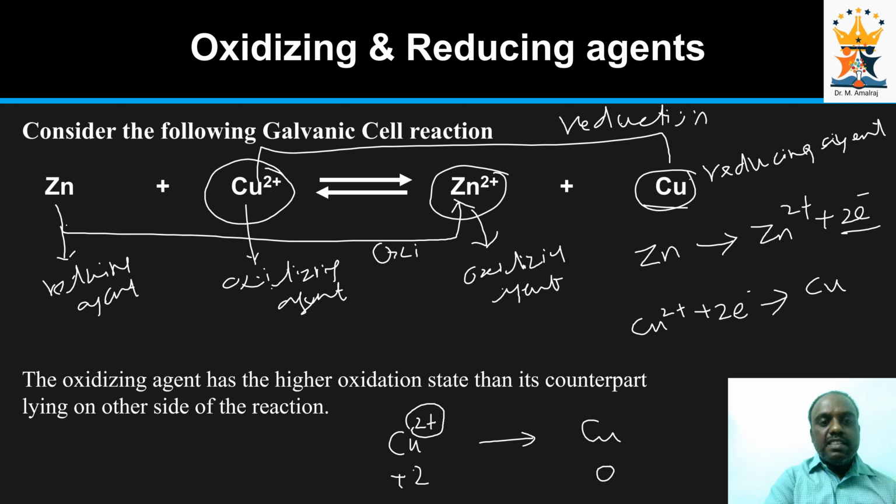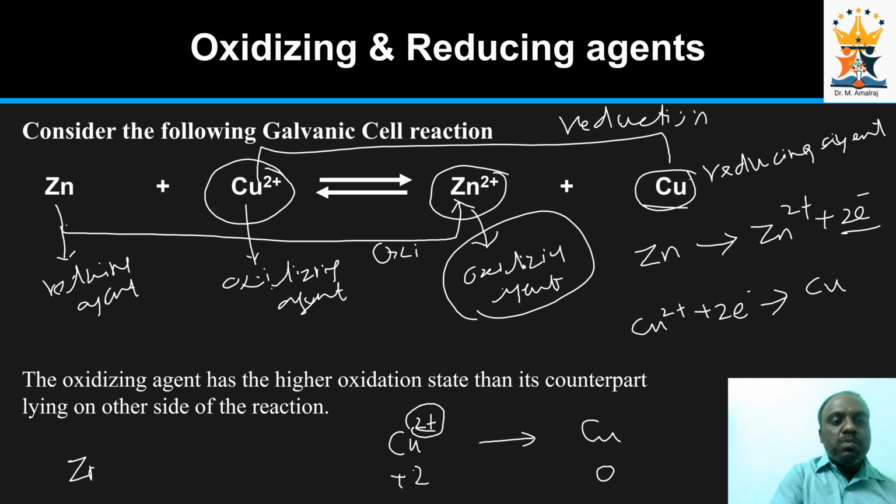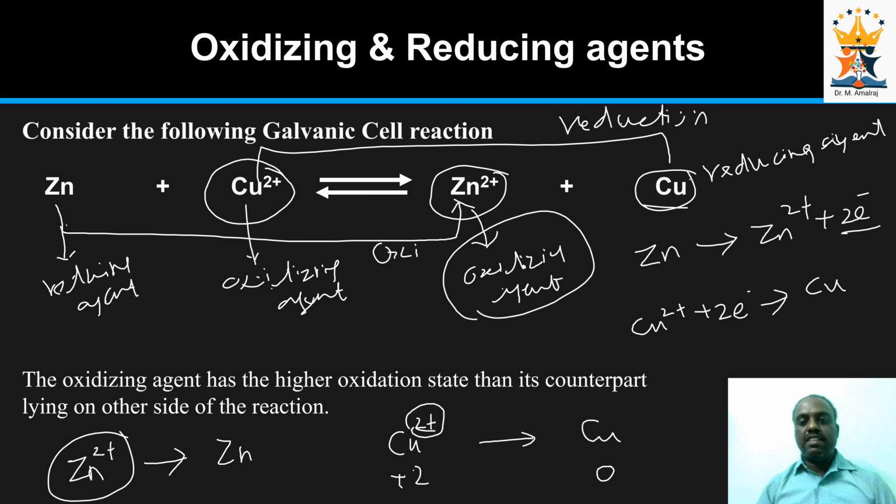So the oxidizing agent has the higher oxidation state than its counterpart. If you look at the reverse reaction, the oxidizing agent is zinc 2 plus. Zinc 2 plus has a higher oxidation state than zinc, and hence in the reverse reaction this is the oxidizing agent. This is how you can remember. This understanding will definitely help you to understand and learn electrochemical concepts, which are one of the most important areas.